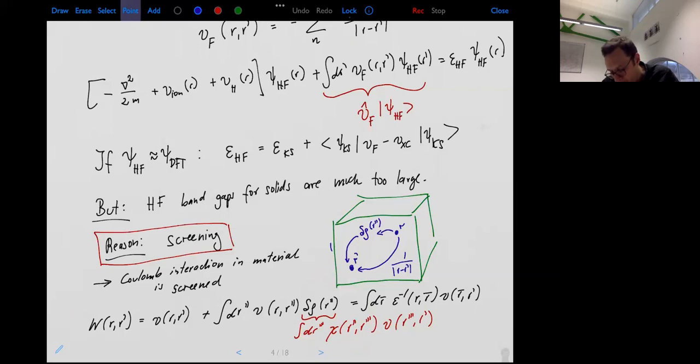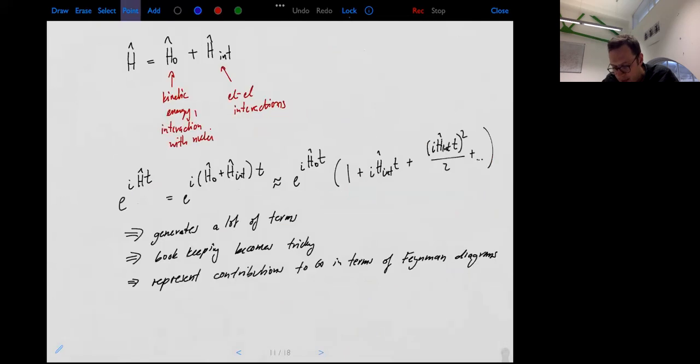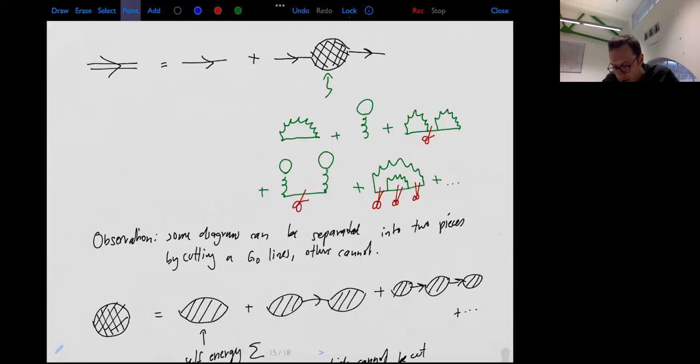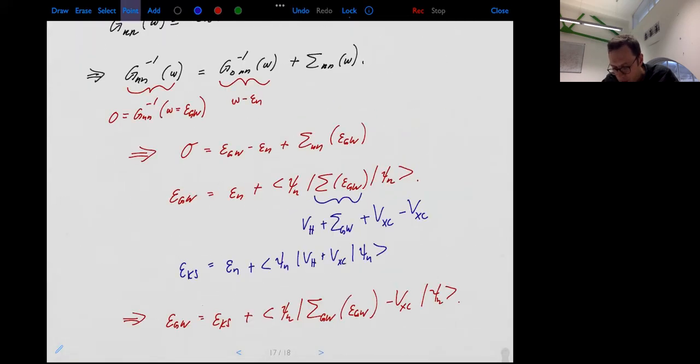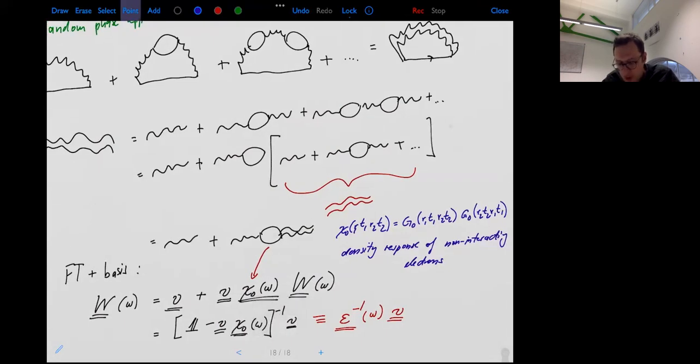So this intuition is precisely reflected in our finding here, in how we can express the screened interaction.